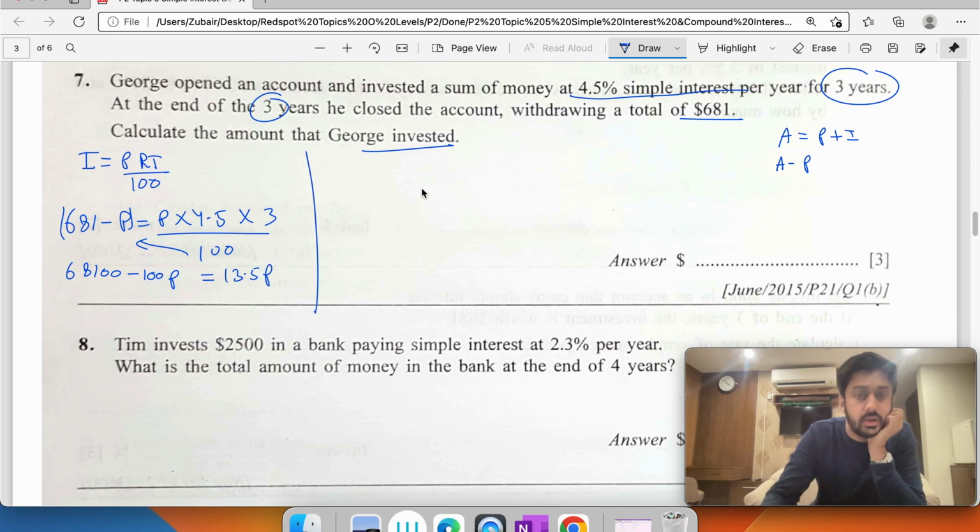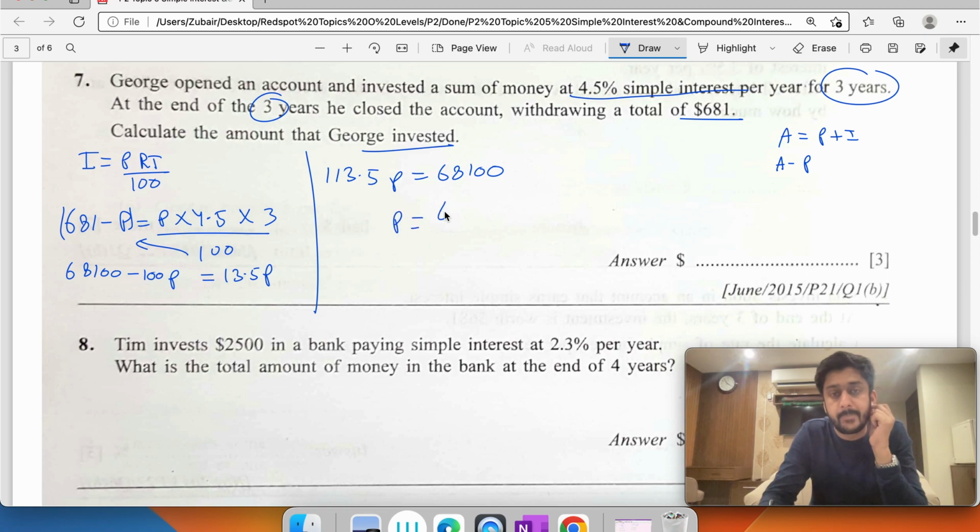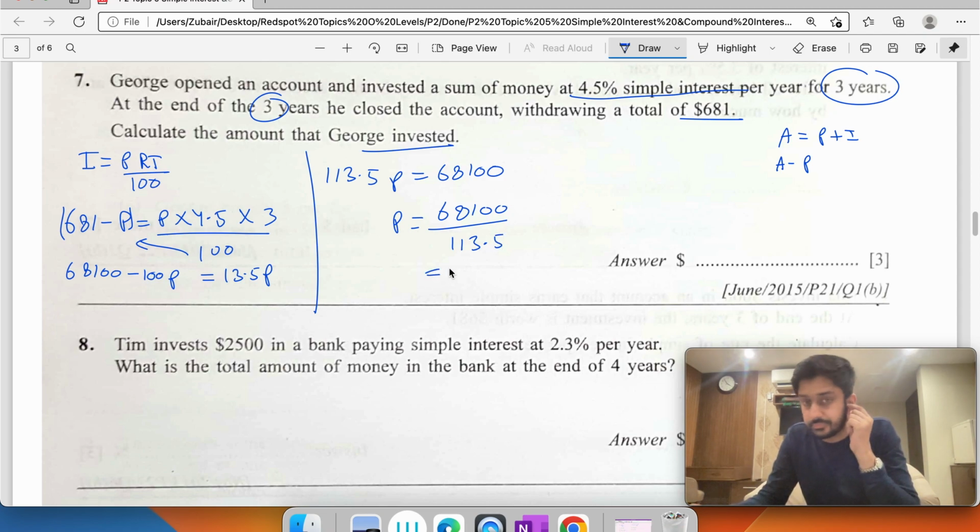Rearrange, bring this and add it to it. So 113.5p is equal to 68100. And this is the principal amount. 68100 divided by 113.5, and that was 600.